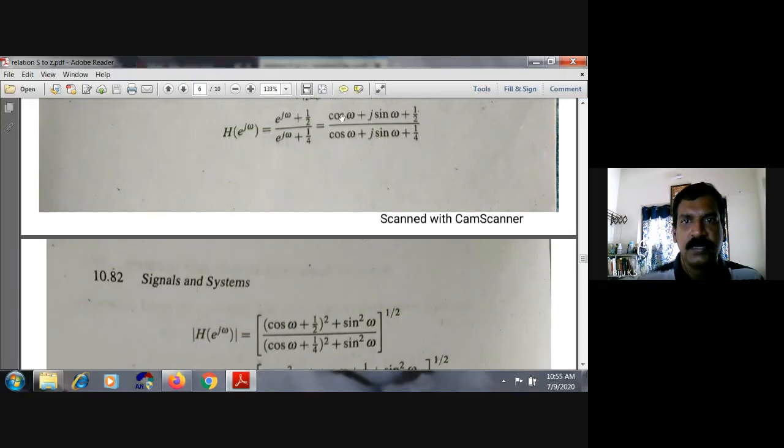So here, what are the real terms? In the numerator the real term is cos omega plus 1 by 2, and in the denominator it is cos omega plus 1 by 4. The imaginary term is j sin omega in both.